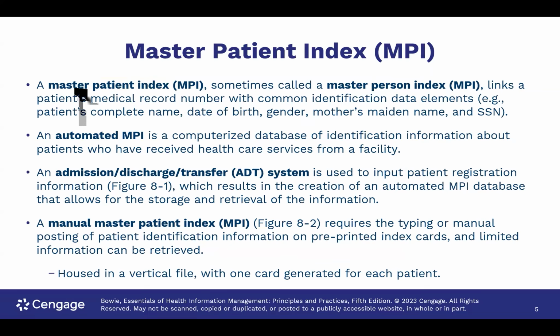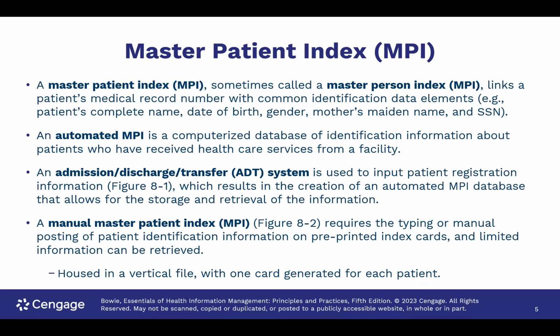The Master Patient Index is the index that links a patient's medical record number or unique identifier with a common identification element, such as a complete name, date of birth, gender, mother's maiden name, or social. When we use the term automated MPI, we're talking about a database that identifies a patient using information sets, and then matches it with patients who receive services from a facility.